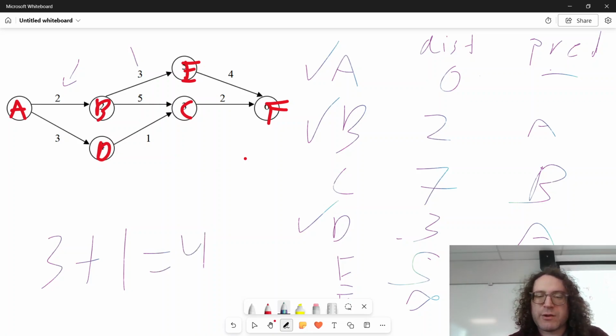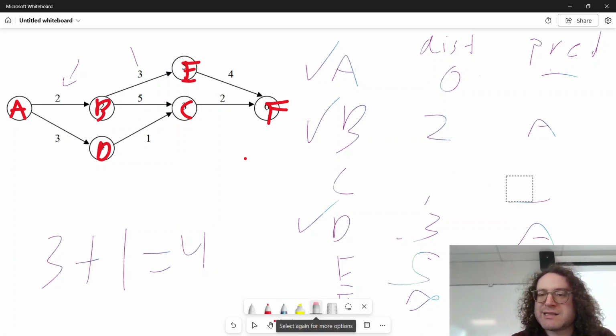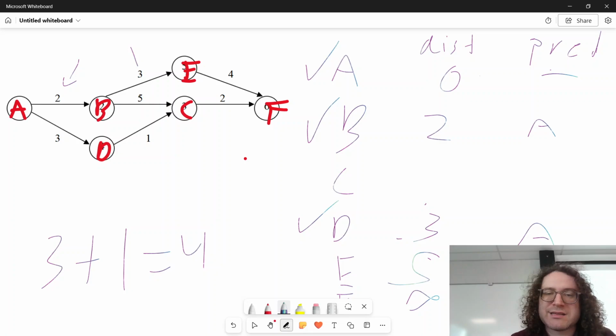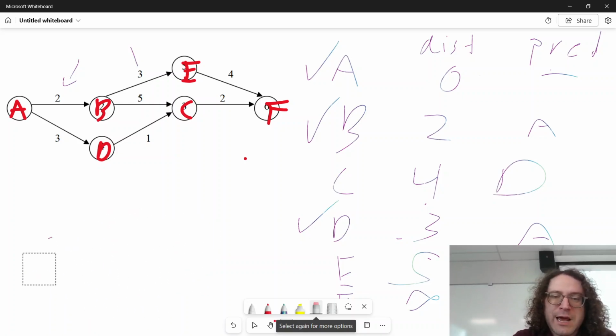Yes, it is. So we're going to update 7 and say we can get to C with a cumulative cost of 4, and we go through D instead. Make sense? And now we just keep doing this until all are done.